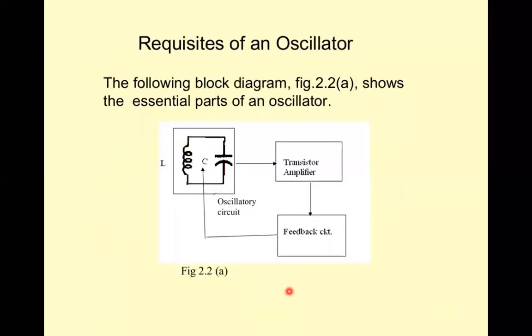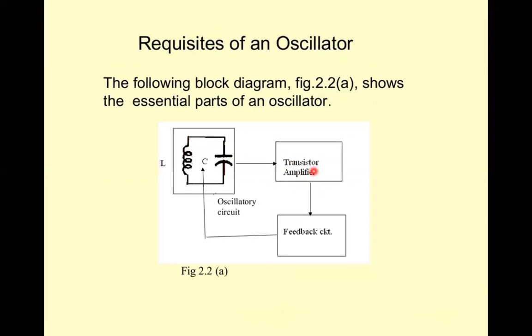Next, we will understand the transistor. This was the oscillator circuit and the transistor amplifier block. A source of energy is required to compensate the losses in the oscillator circuit. So whatever loss happens in the oscillator circuit should be compensated in the transistor amplifier circuit.